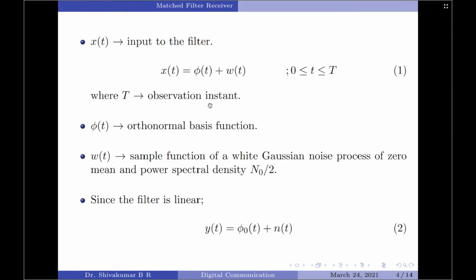Let us now choose the first component of equation 1, which is phi of t, as one of the orthonormal basis functions. Then the second component w of t is the sample function of a white Gaussian noise process of 0 mean and a power spectral density of N0 by 2. Now since we have assumed a linear filter, the output of this linear filter, which is represented by y of t, is given by phi naught of t plus n of t.